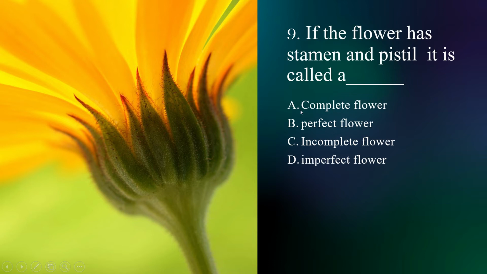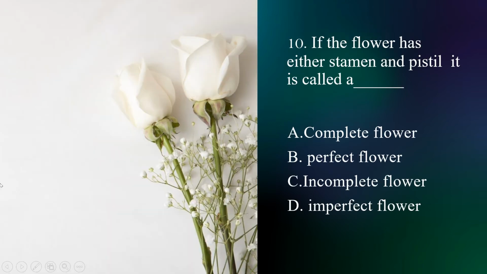It is called what? A. Complete flower. B. Perfect flower. C. Incomplete flower. D. Imperfect flower. Okay? Number 10.